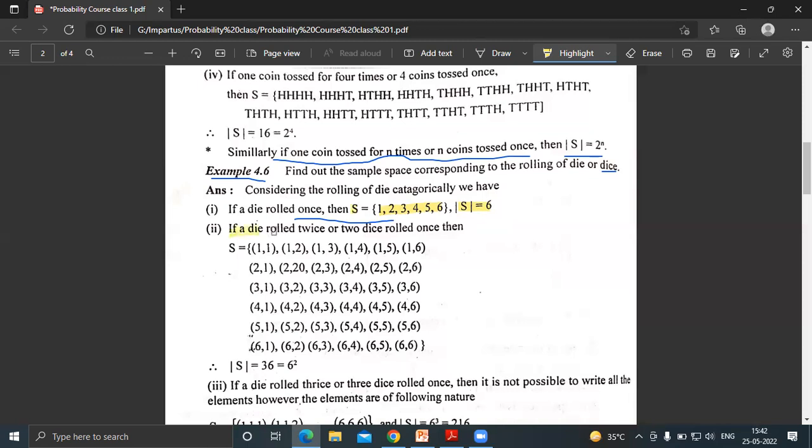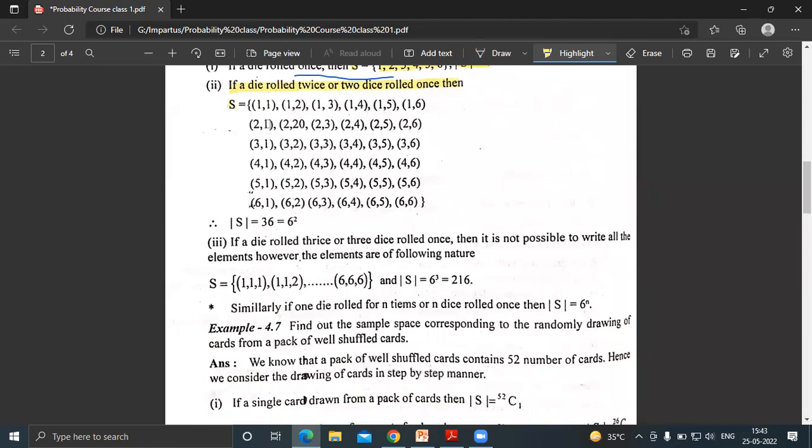Similarly, if a die is rolled twice or 2 dice are rolled once, what will be the sample space? How will you write this? 1 with 1, then 1 with 2, 1 with 3, 1 with 4, 1 with 5, 1 with 6.